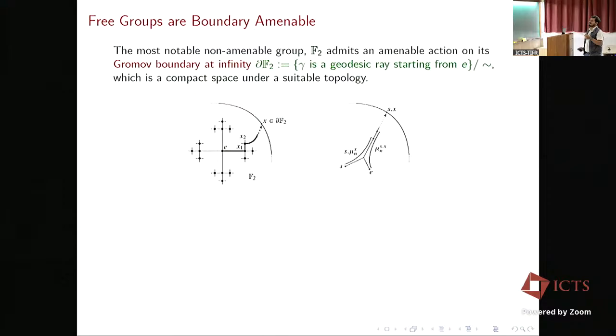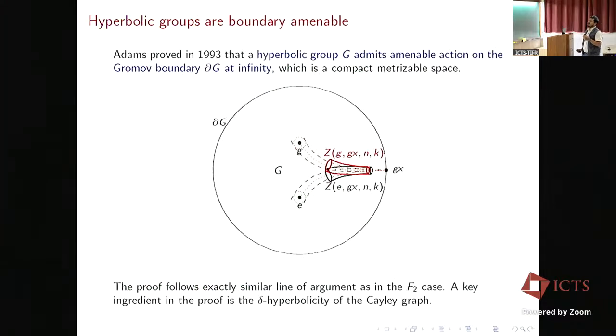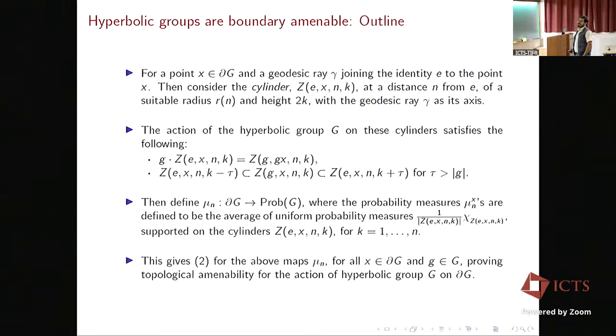So here we would like to find a suitable set, which is like a cylinder, and this cylinder is obtained as follows. We take a geodesic ray that goes to the boundary point, and then we take a cylinder of some suitable radius R_n around it, and we take a 2K length segment of that cylinder.